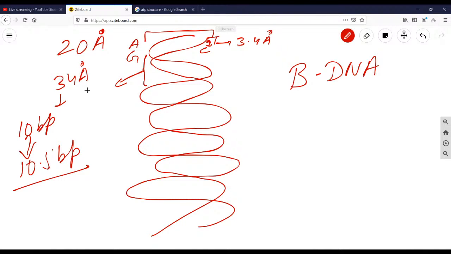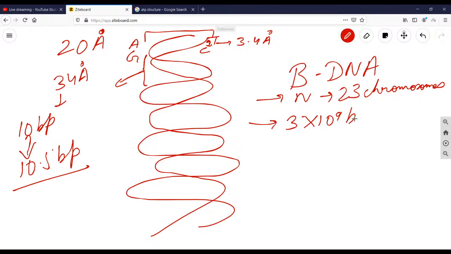So how will you calculate the length of that DNA? In a haploid cell, which we write as N, meaning 23 chromosomes are present, like sperm or ovum, the total length of the DNA can be calculated easily, because they have 3 billion base pairs.